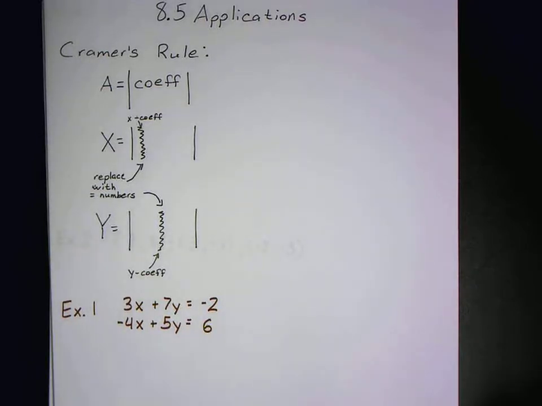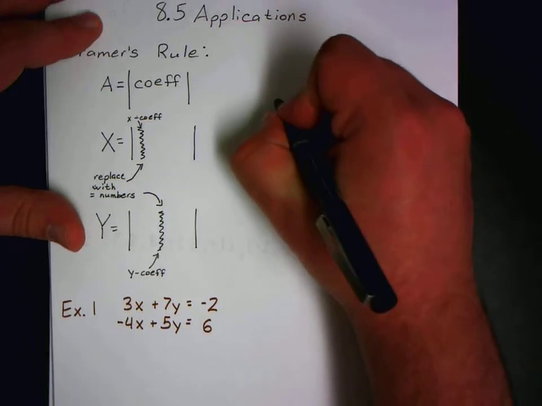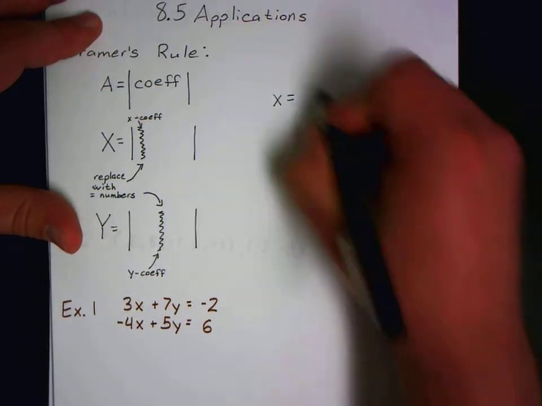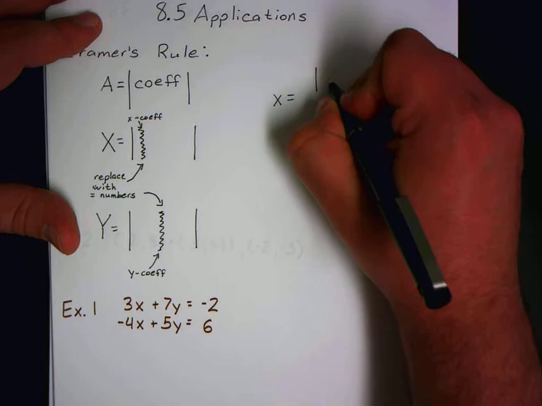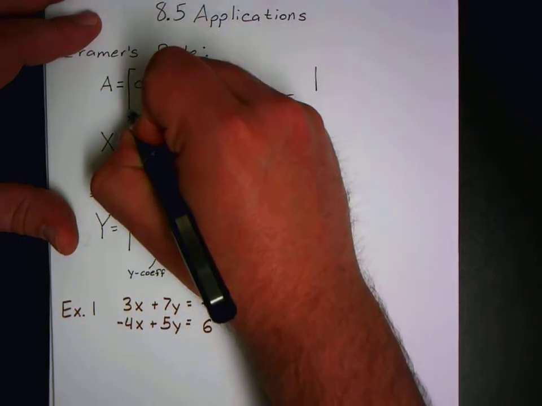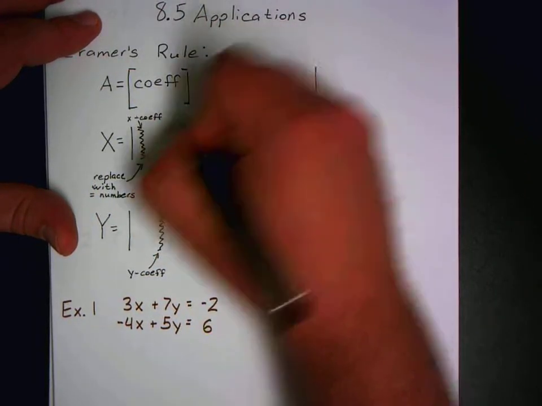Okay. Then your actual X answer is the determinant. So these are actually matrices. I don't know why I was using the absolute value sign. Sorry.